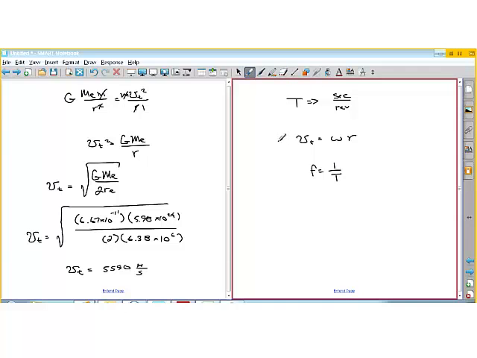I'm trying to think of the right format to make the most sense. Omega here is in radians per second. Frequency is in basically cycles per second or revolutions per second.